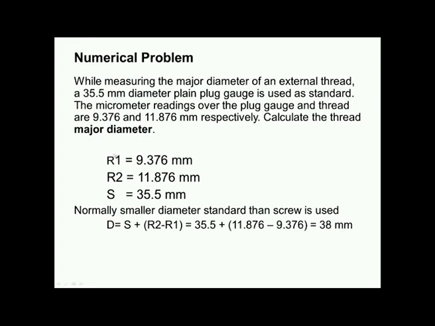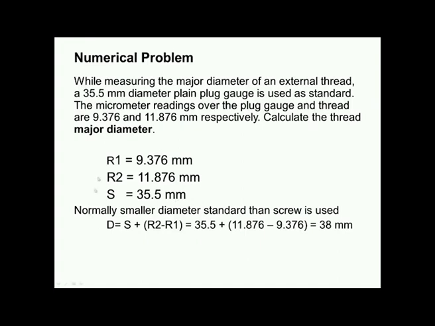Now, the data that is given is R1 is 9.376 millimeter. This is the micrometer reading on the standard cylinder, and then we have R2 is equal to 11.876 millimeter. This is the micrometer reading on the screw thread, and then S, that is the standard cylinder diameter, is 35.5 millimeter.